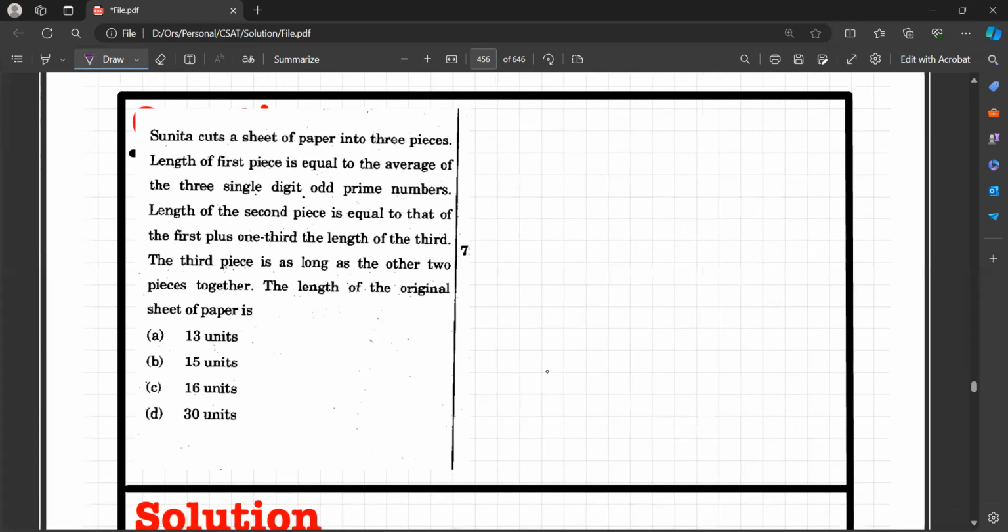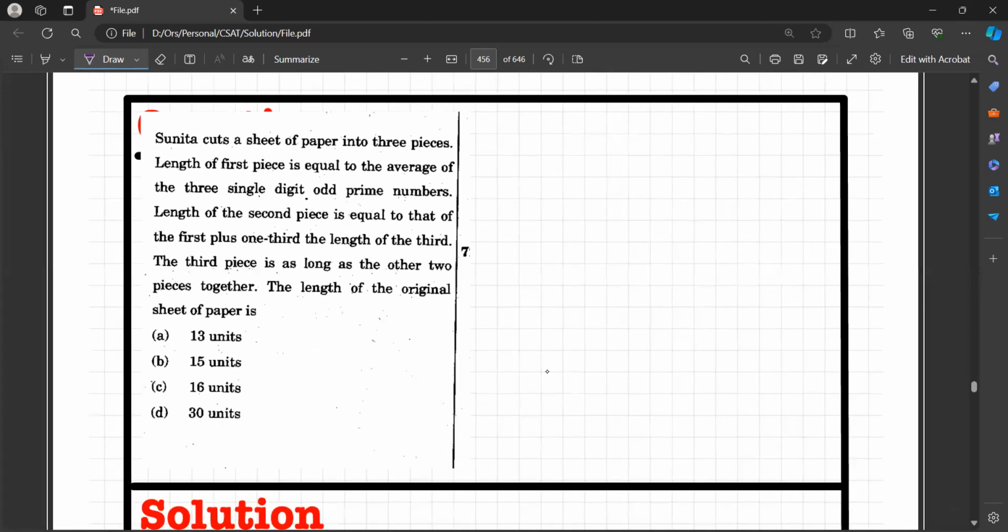Sunita cuts a sheet of paper into 3 pieces. Length of first piece L1 is equals to the average of 3 single digit odd prime numbers. 3 single digit odd prime numbers are 3 and 5 and 7. The average of this will be 7, 5, 12, 3, 15 by 3 that is 5. So L1 length is how much? 5.